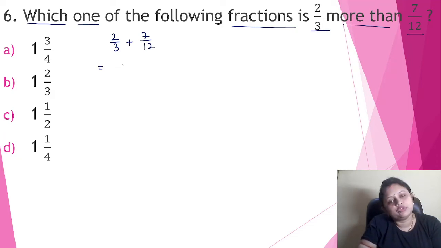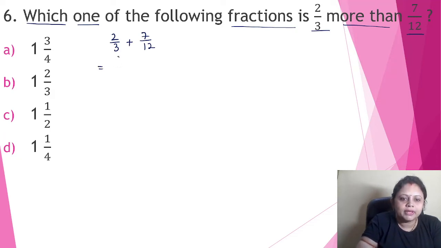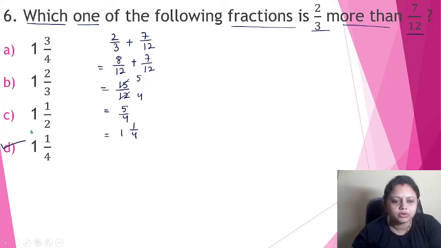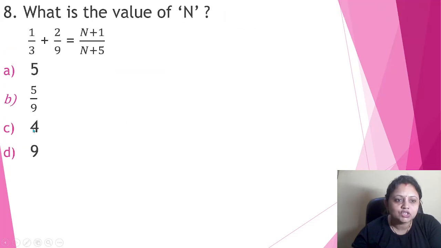So here the LCM will be 12. So it will be 8 by 12 plus 7 by 12, that is equal to 15 by 12. So if we cancel it with 3, it is 5 by 4. It is equal to 1 whole 1 by 4. Got it? So the correct answer is option D, that is 1 whole 1 by 4. Right? Coming to the next question.